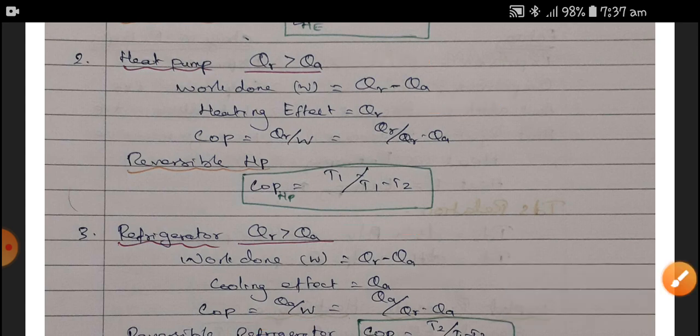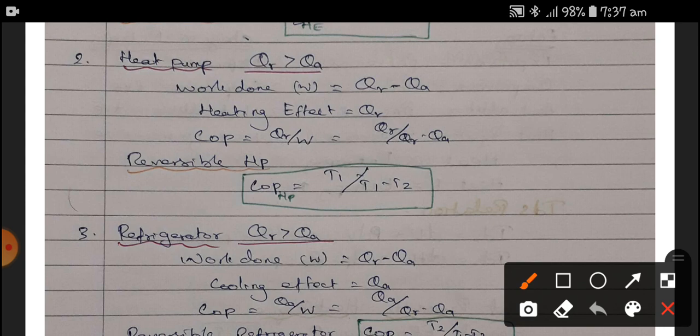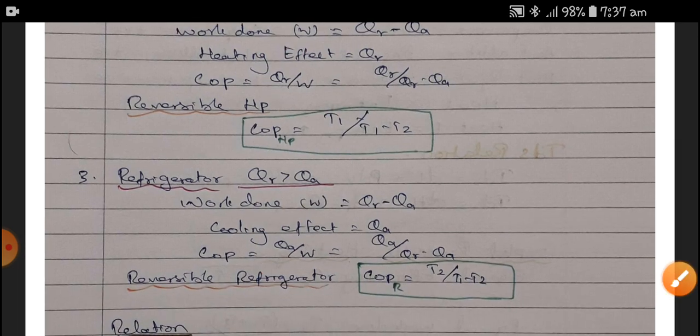In the heat pump it is heat rejected by work done; here it is heat supplied by work done. So this is the difference between the heat pump and the refrigerator, where COP is equal to QA divided by QR minus QA. If it is a reversible refrigerator, the COP is equal to T2 divided by T1 minus T2.